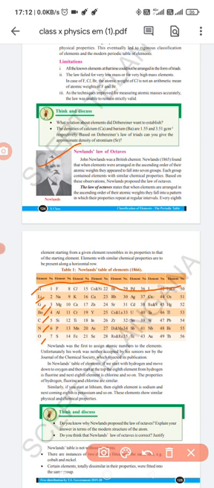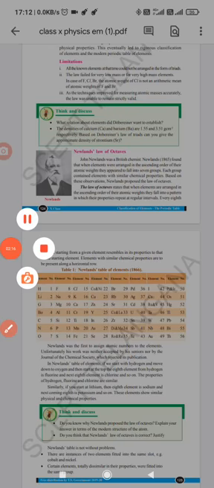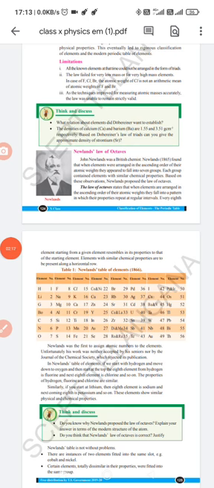All the elements present in the first group, first row, have similar chemical properties, like hydrogen H, fluorine F, chlorine. These elements are kept in the first row because they have similar properties. In the same way, now we will understand the statement.